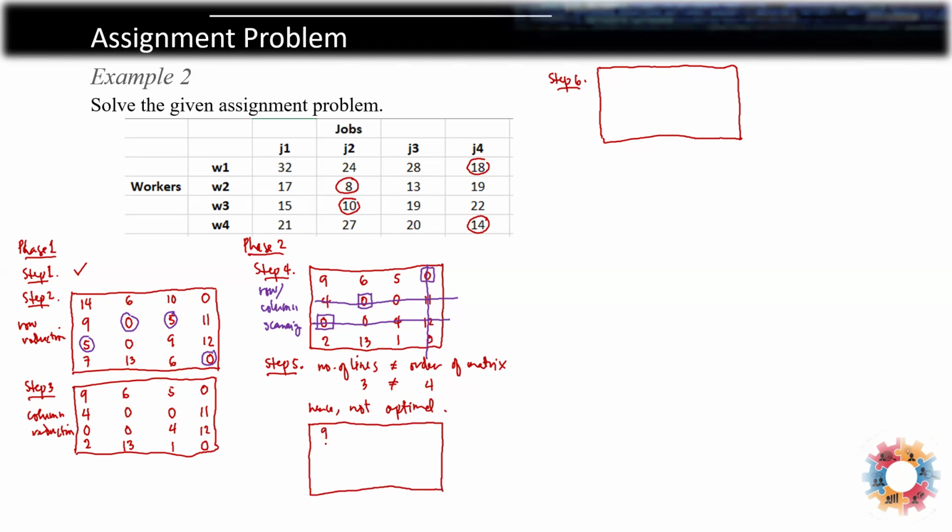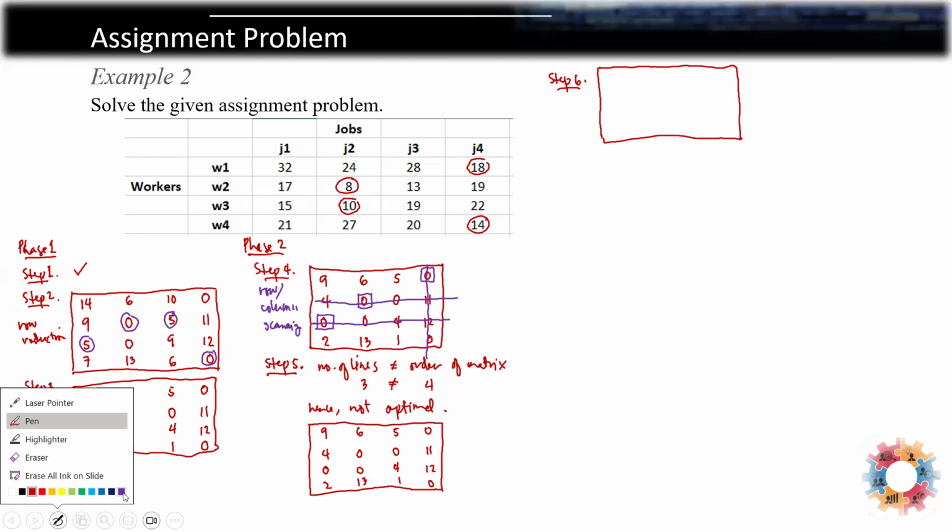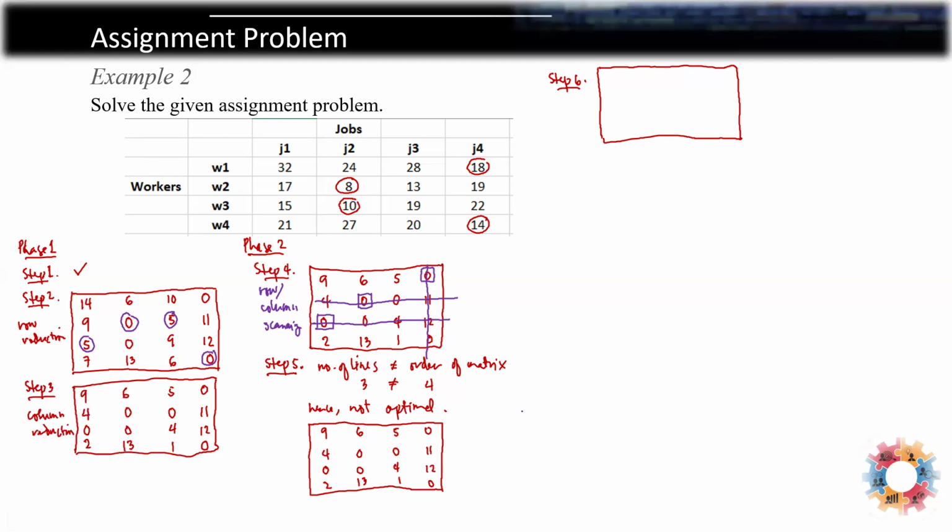So 9, 4, 0, 2, 6, 0, 0, 13, 5, 0, 4, 1, 0, 11, 12, and 0. So again, take note here that the last column is deleted, right?